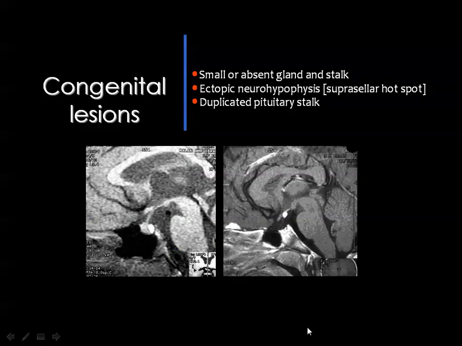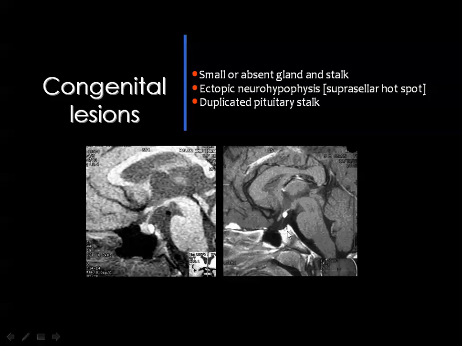Then one of the known congenital anomalies or congenital lesions of the pituitary gland is the ectopic location of the posterior pituitary. Here, this is the normal posterior pituitary seen in the pituitary fossa posterior to the adenohypophysis.